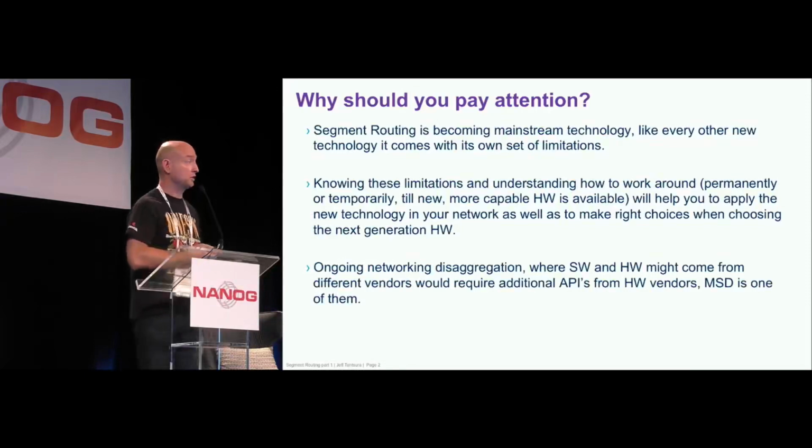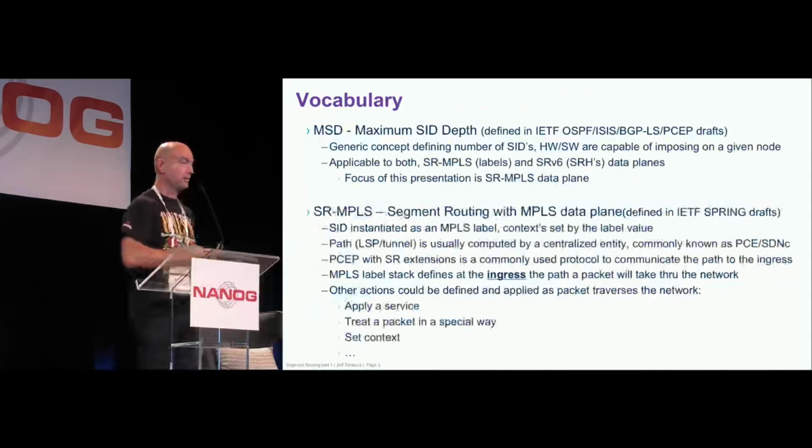So it's important to get your hardware vendor to tell you what is supported, and to provide programmatic ways, through an API, to query what MSD you support, and then program it in a way it's distributed. So, vocabulary: MSD, maximum SID depth, is an attribute that applies to either a link or a router that's distributed through routing protocols, and could be distributed through PCEP or BGP-LS northbound to the controller.